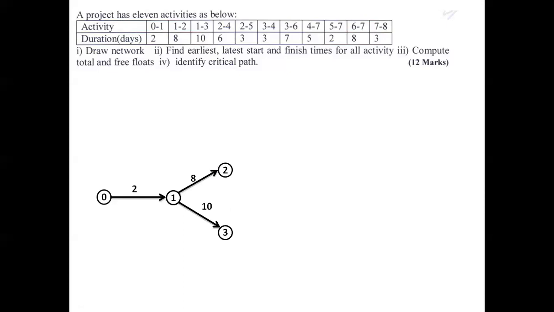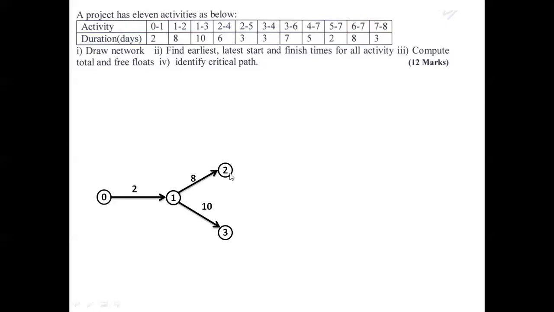Since 2 to 4 is there and 3 to 4 is there, it means 4 is the end event for two activities, 2 to 4 and 3 to 4. So let us draw 2 to 4 here so that 3 to 4 can be drawn here itself, so that 4 will become the common end event for 2 to 4 and 3 to 4.